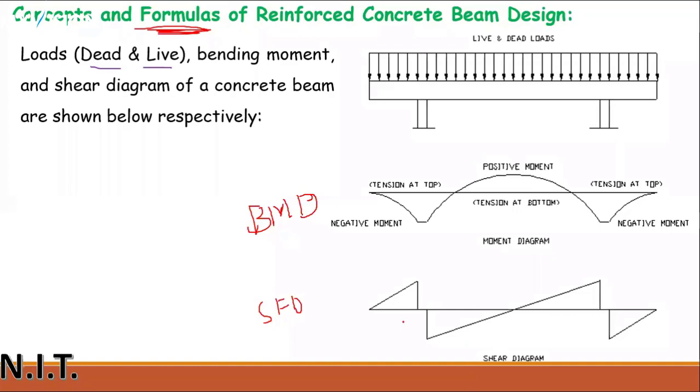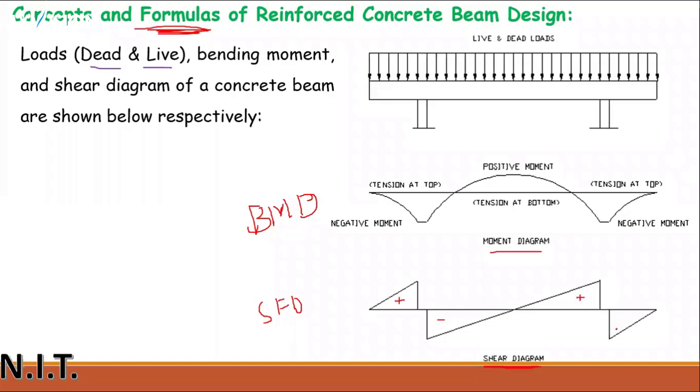This is the shear force diagram, and this is the moment diagram. Over here, because of this force, the shear force is upward. This is positive. This will be considered negative. This will be the positive part.